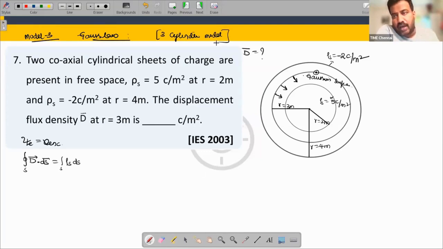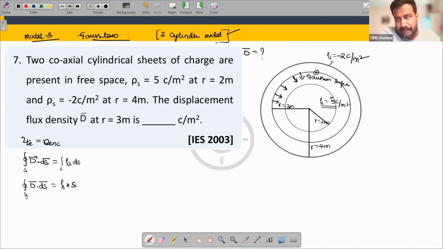Now, this is called a three cylinder model. When I am calculating the charge enclosed, I must calculate the charge enclosed by the Gaussian surface. Charge enclosed by this Gaussian surface is the inner cylinder. The closed surface integral of D dot dS is rho s of the inner cylinder into the surface area of the cylinder.